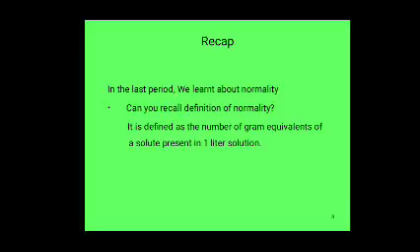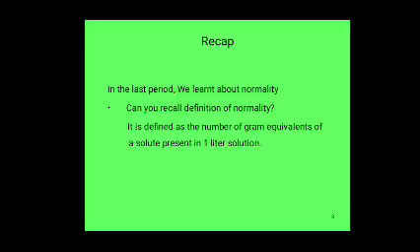What is equivalence? The weight of the substance that reacts with 1 gram of hydrogen or 8 grams of oxygen is called the equivalent weight of the substance.